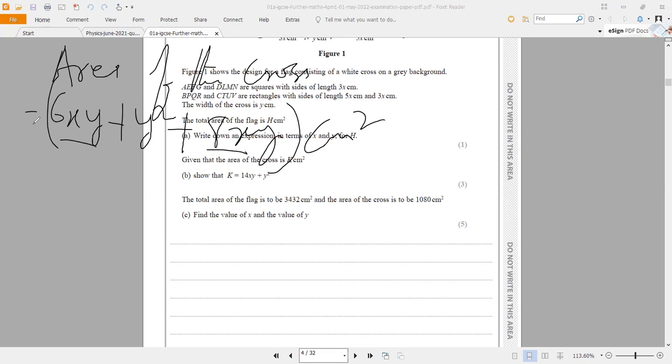So adding this and this will give us 14xy plus y squared, which is actually equal to k as we have here. So good, that has been taken care of.